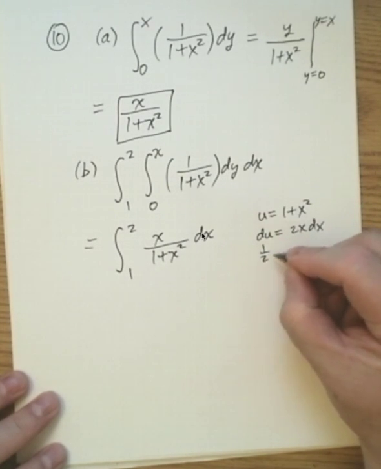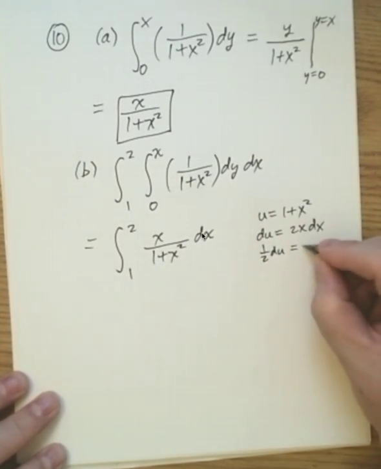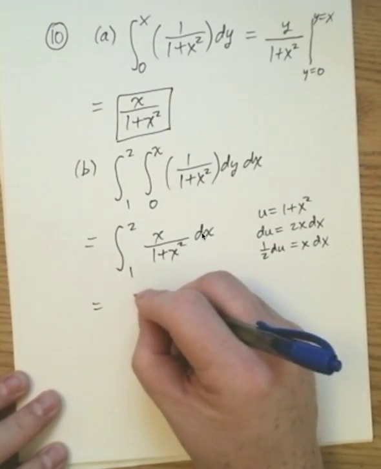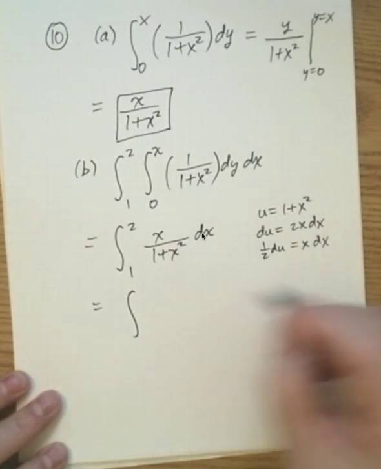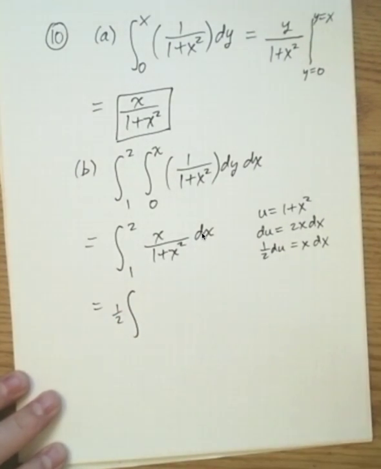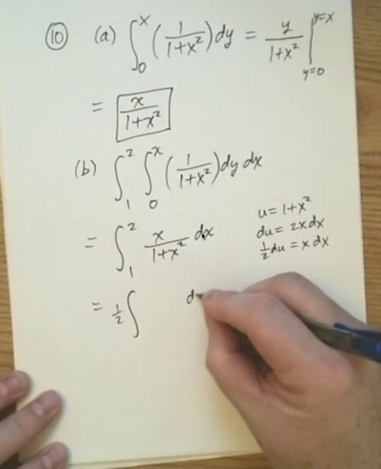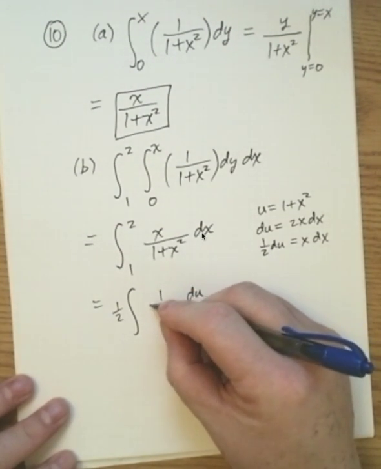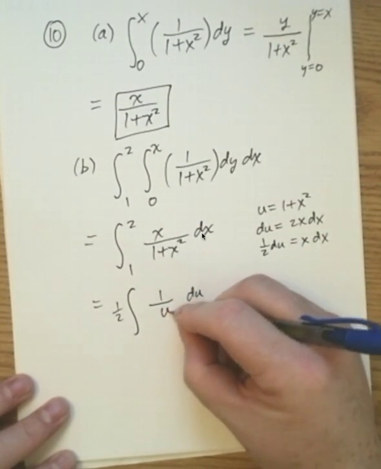That means 1/2 du is x dx. Let's write an equal sign here. So we actually have a 1/2. We'll bring that out front. And then we've got du here.